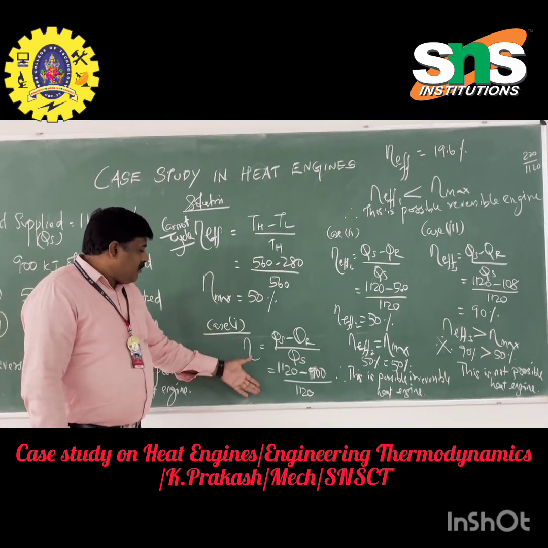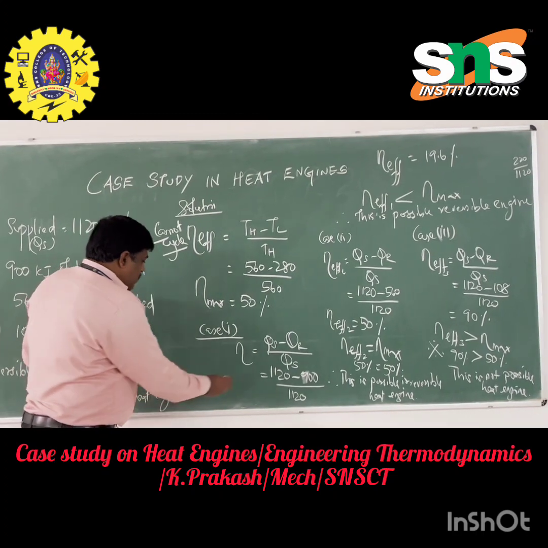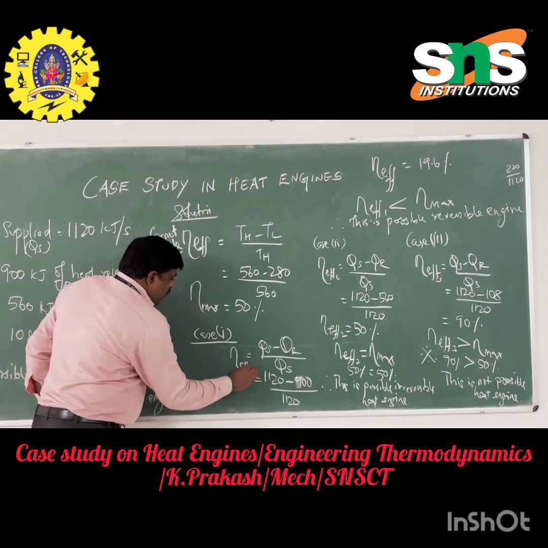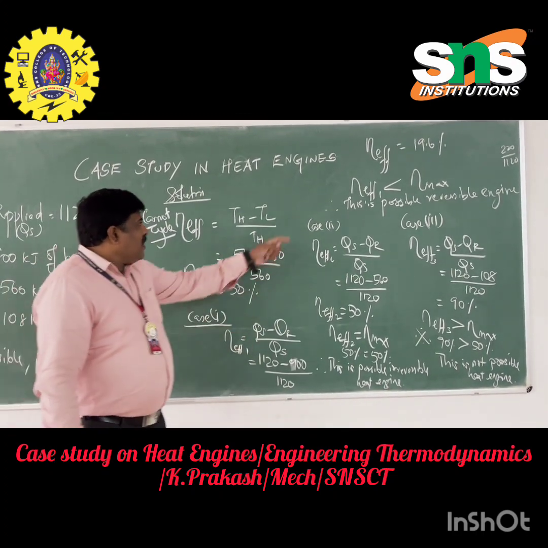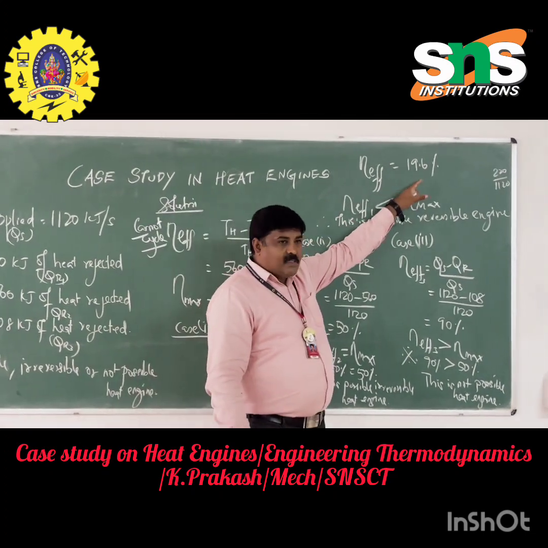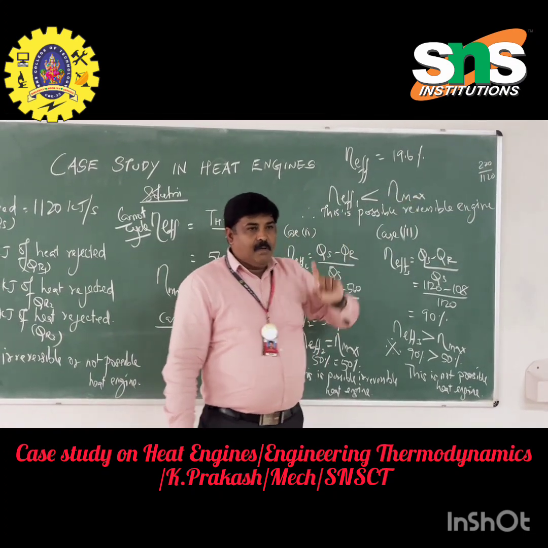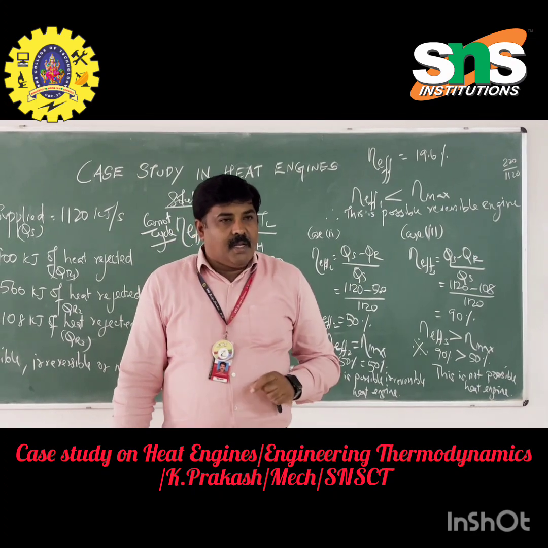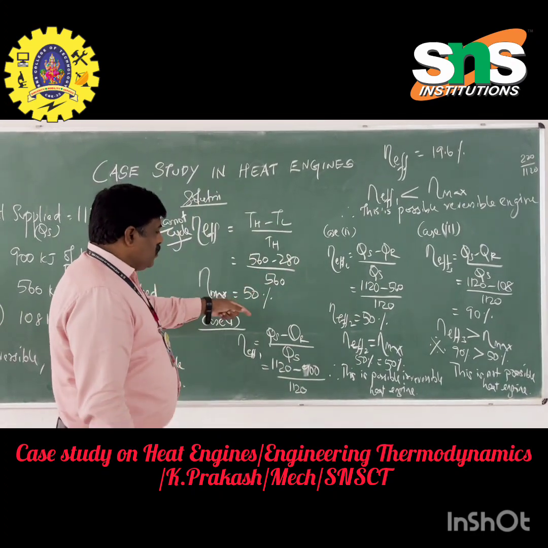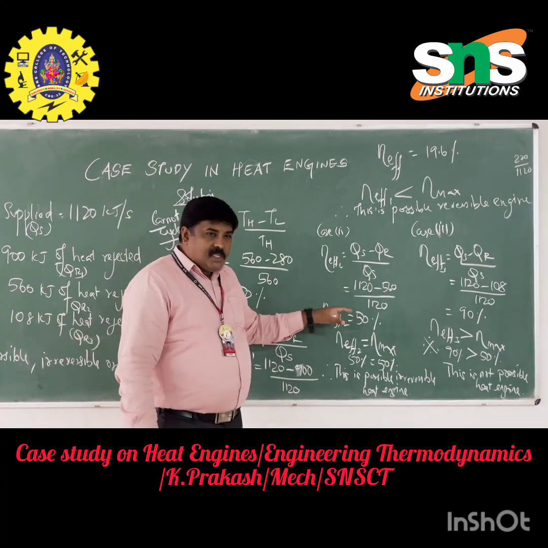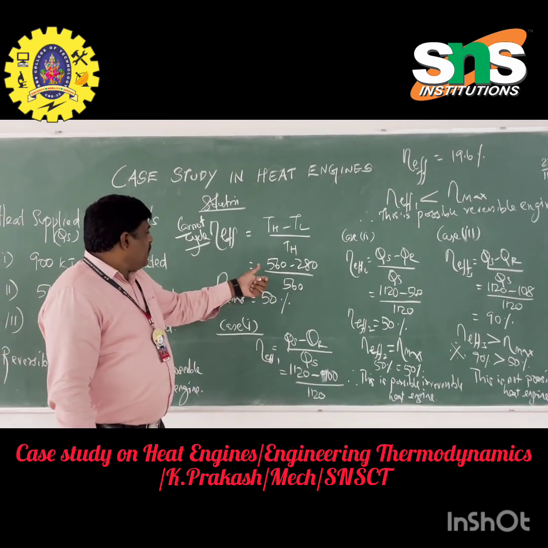In case 1, the efficiency is 90.6. Therefore this is a possible reversible heat engine. Coming to our case 2, the efficiency was 50, which is the same as the Carnot cycle efficiency.